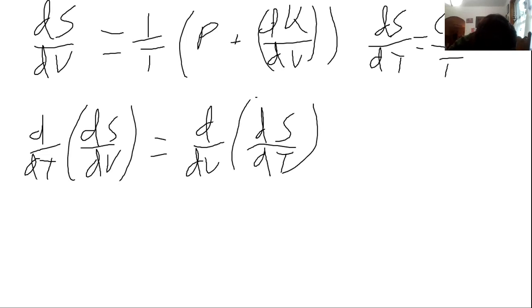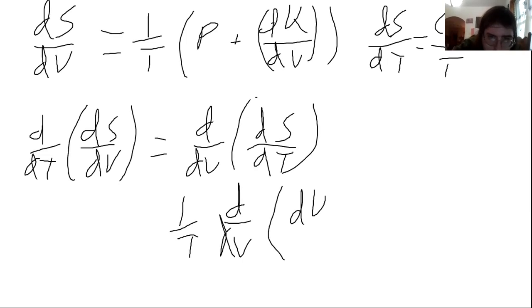Okay, even though we technically know this, we're going to plug this in. So this part, ds dt is du dt over t. So factoring out the t, we have d dv du dt.